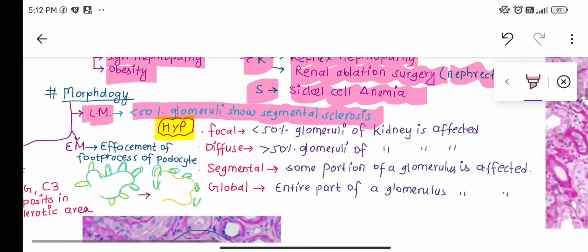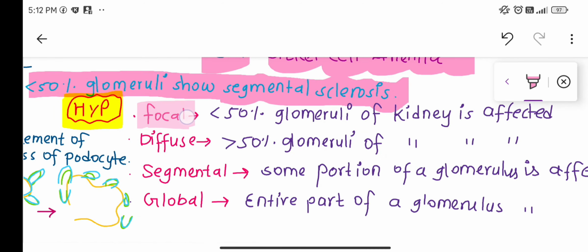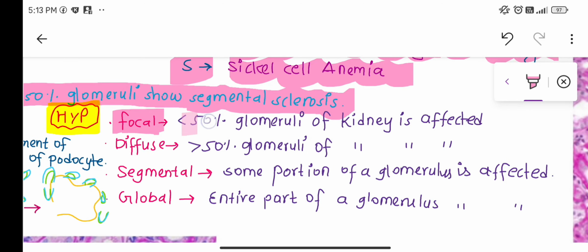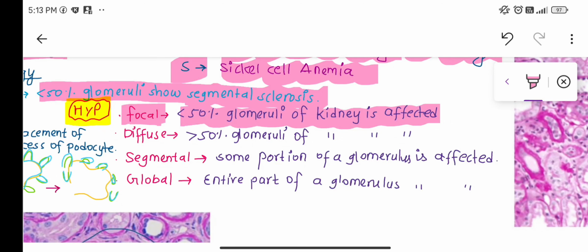Now some high yield points we have to know to understand the microscopic features and some image based questions. First is focal. Focal means less than 50% of the glomeruli of the kidney are affected. Diffuse means greater than 50% of the glomeruli of a kidney are affected.